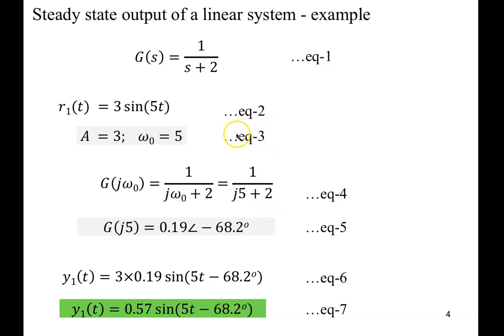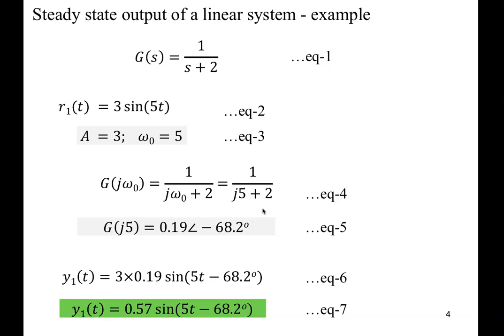So from that complex number, we need to work out the polar form. That means magnitude and phase angle, which is quite straightforward. This is 1, which is the same as 1 with an angle of 0. This is 2 plus j5. The magnitude will be the square root of 2 squared plus 5 squared.